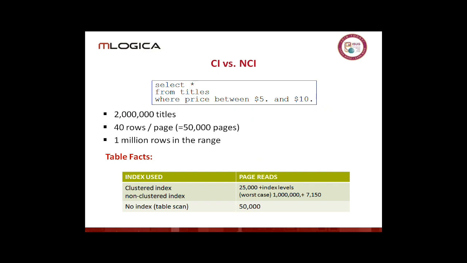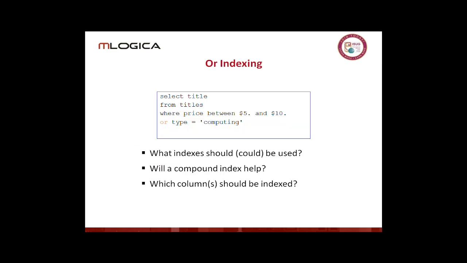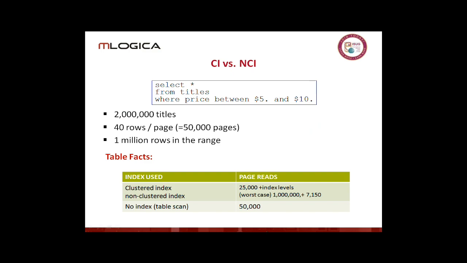So, clustered versus non-clustered indexes. Here's some really quick math. Let's say we've got 2 million books. We fit about 40 rows on a page, and we've got about 1 million rows in our range between $5 and $10. If using the clustered index, we can zero in on that first row that we hit and find the first $5 row.